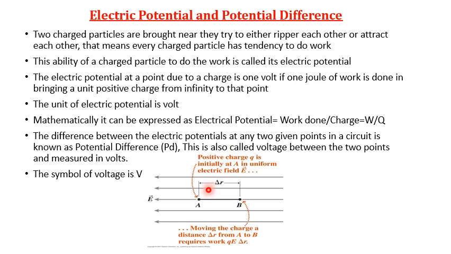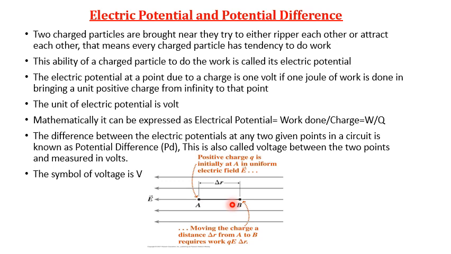Suppose the potential of A is minus 10 volt and the potential of B is again minus 10 volt. Then the potential difference between these two is minus 10 minus of minus 10, which is 0.